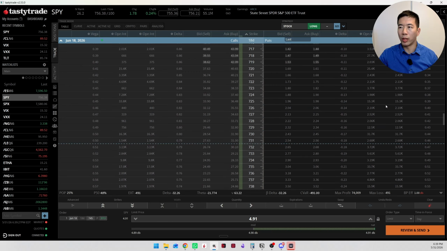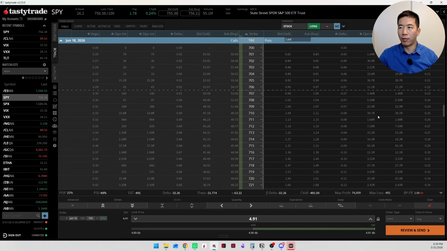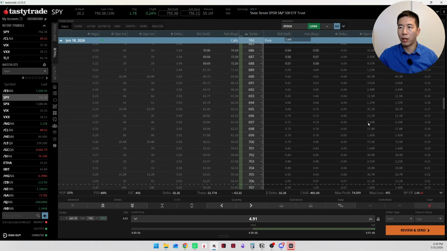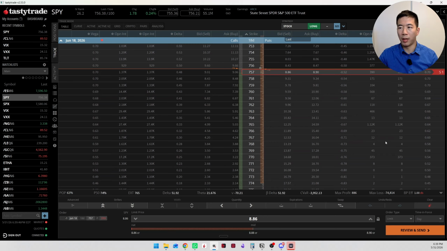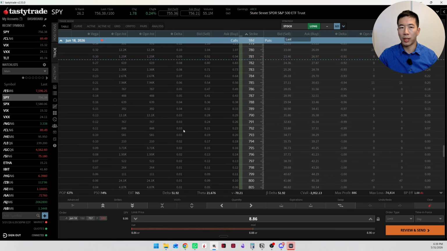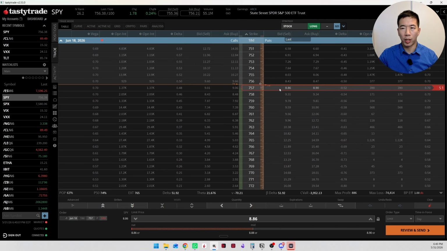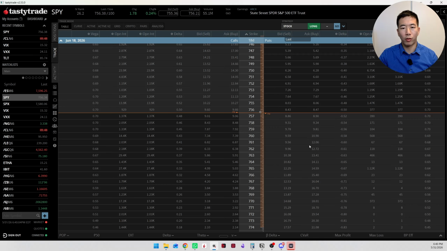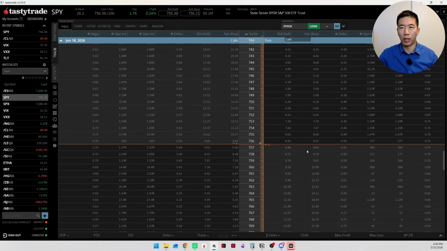It keeps going down, okay? And if you go pretty deep enough, actually there's almost no Vega. There's 14 Vega here. And it's the same if you go up, okay, the put side. And this is both the put and call side, okay? So if you don't want to have too much Vega exposure, what does this mean? You want to sell stuff that are further out of the money, okay?